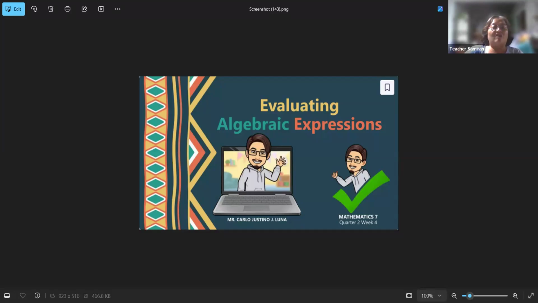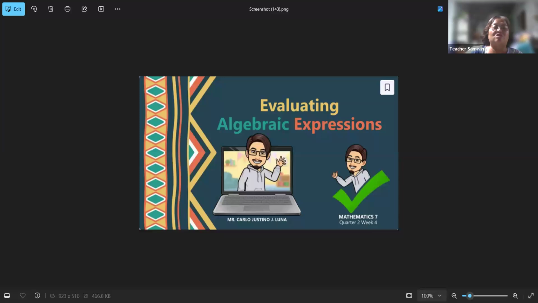Or we can also use symbols such as theta, pi, something like that. We can use that if we would like. So this can be called a variable, which represents a value or a number.